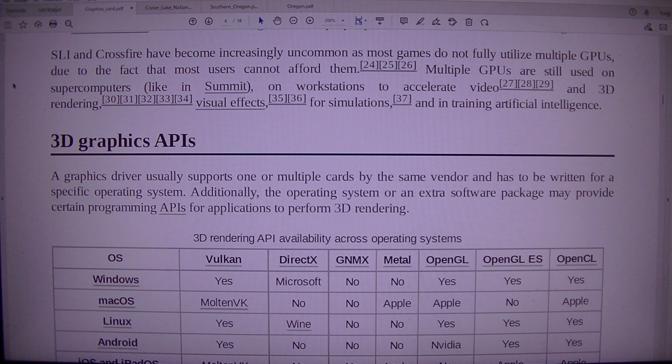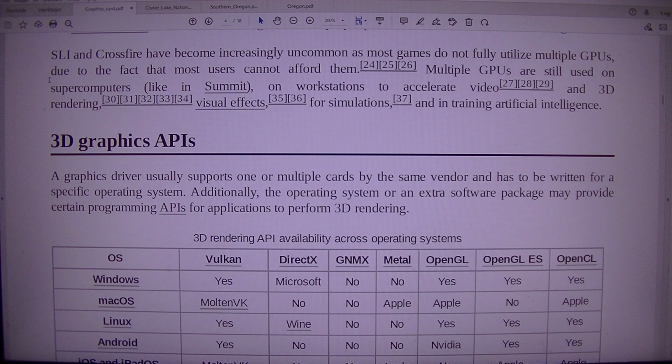Multiple GPUs are still used on supercomputers, like Summit, and on workstations to accelerate video, 3D rendering, visual effects, simulations, and in training artificial intelligence. 3D graphics APIs.